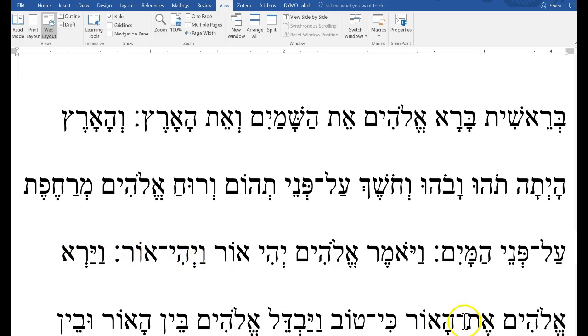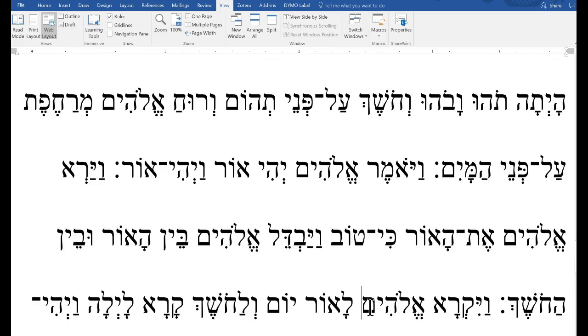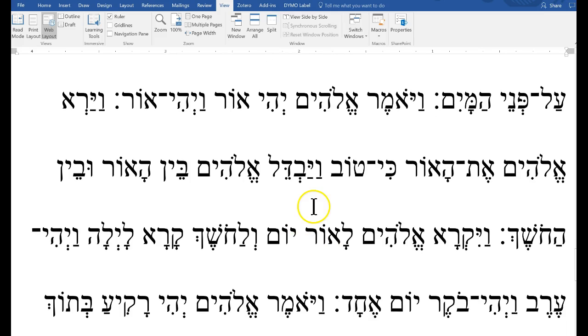And Elohim saw the light, that it was ki tov. So that's our vocabulary word for today, that it was good. And he, that is Elohim, Yav Deil. And if you look at the verb chart, you'll see that that's a hiphil.